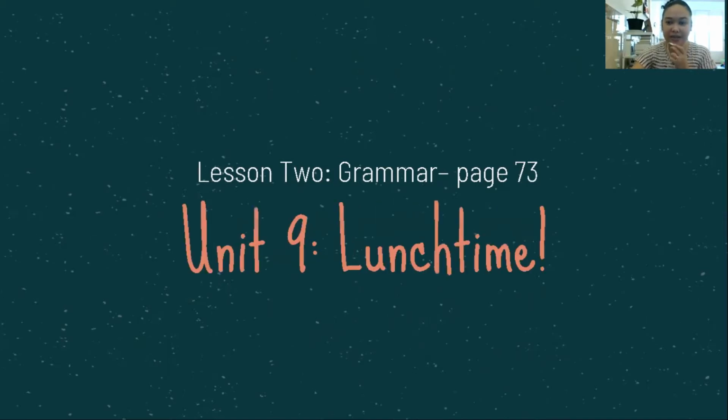Still, we are on unit 9 and the title of our unit is lunchtime. In lesson 1, we've learned words. So this time, we are going to learn the grammar. For grammar, we are going to focus on learning I have and I don't have. Let's start.